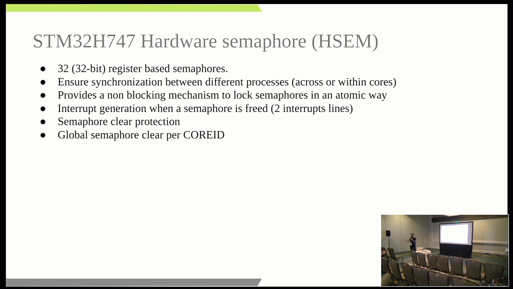This is made to ensure synchronization between different processes and across the cores. It provides a non-blocking mechanism to lock a semaphore in an atomic way, interrupt generation when a semaphore is freed, semaphore clear protection, and global semaphore clear per core ID.